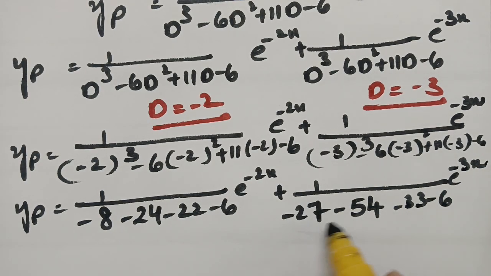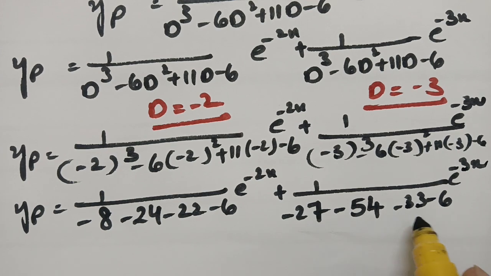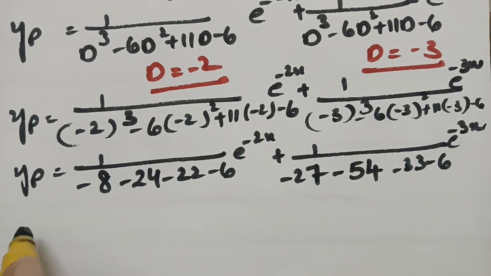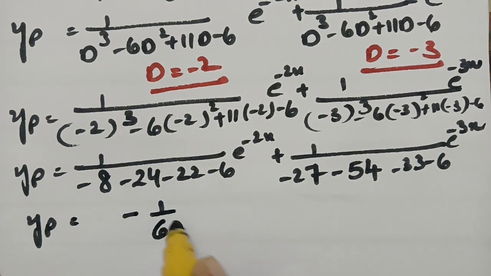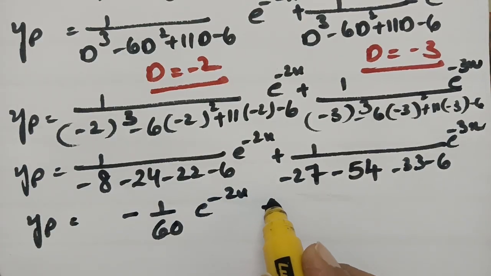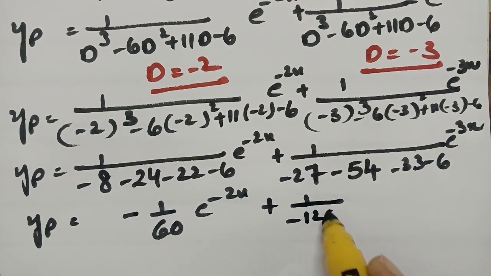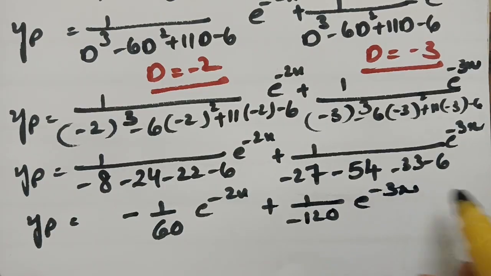So this is minus 27 minus 54, minus 33 minus 6, and see here, this value is clearly minus 1 by 60 e power minus 2x plus minus 120 e power minus 3x.